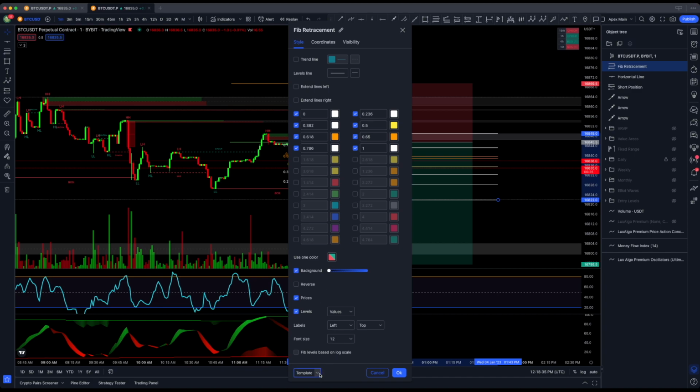So I'm going to save the template as number 1 fib retrace, and I'll just put it new because I like to have that in. Okay.